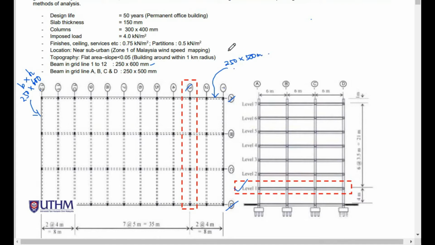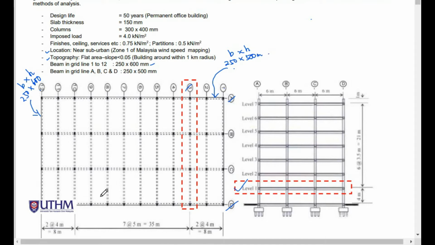Okay, width, height. So this is the proposed size for beams in grid 1 to 12 and beams in grid A to D. Meanwhile, this information is later used in the braced example.